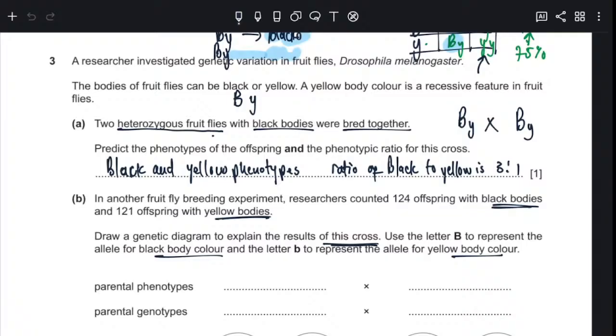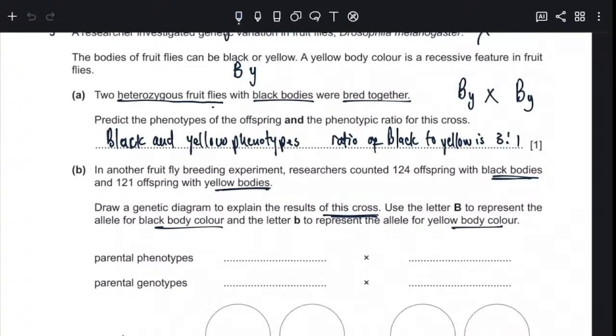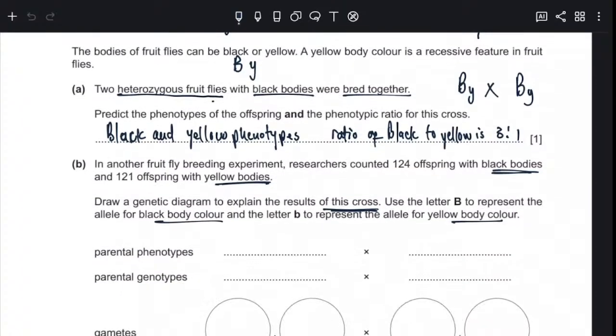We have 124. That's the key thing, because it's like they have told you the genotype, but they have told you using ratios. Okay? 124 is to 121. I want you to know that.